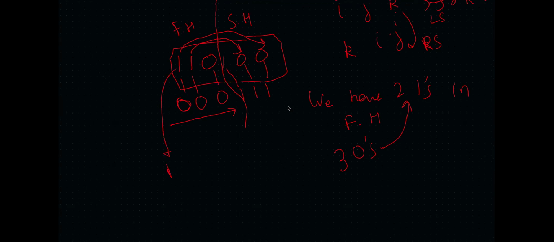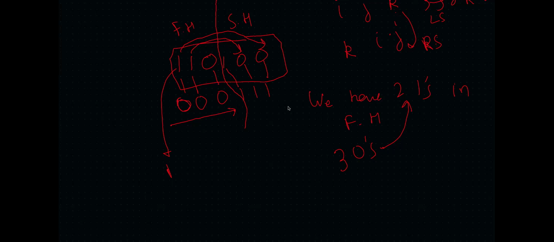If you want to bring a 0 to the first half, the three indices that you are going to choose must have at least one 0. Because if there are no zeros, then why are you doing the operation?